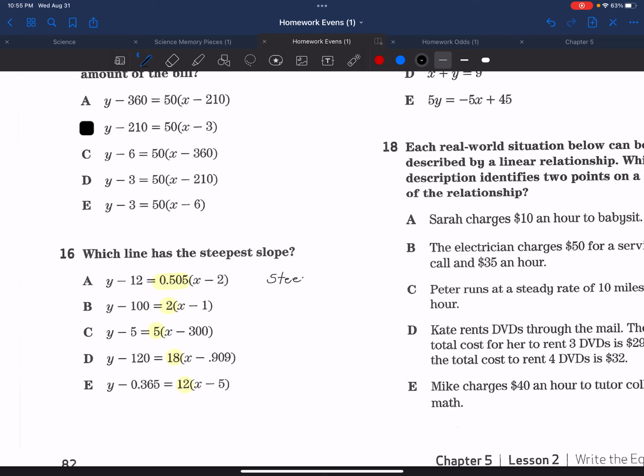So when you're talking about slope, steepest is the largest. So we have a decimal, a 2, a 5, an 18, and a 12. The largest slope in this set is the 18. So number 16 is going to be D.